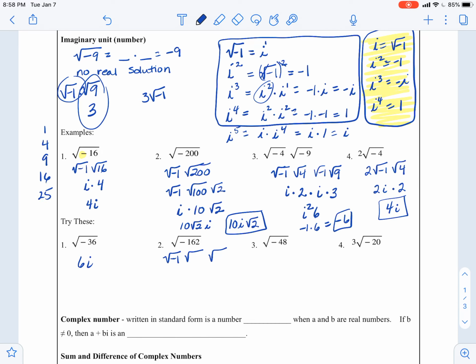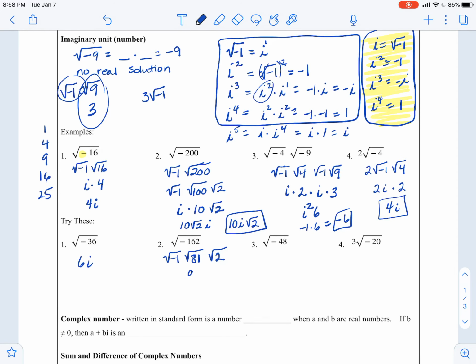Which number will go into 162? And a lot of you already know it's 81 and 2. So again, especially if you're in honors, if you need to skip or want to skip and call this 9i radical 2 and go straight to that part, I'm okay with that. Some of you need the extra step. If you do, please put it in.